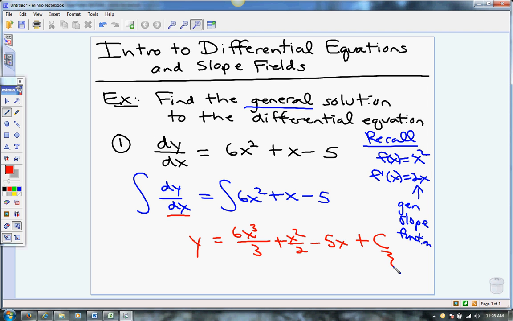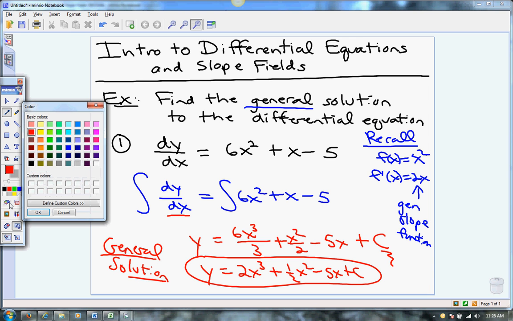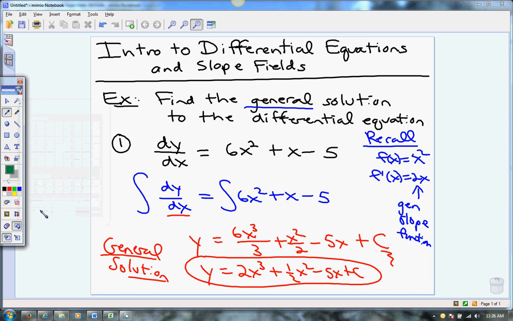So if I simplify this, I have that y equals 2x cubed plus 1/2 x squared minus 5x plus c. This is the general solution to the differential equation. The reason it's the general solution is because of this plus c.